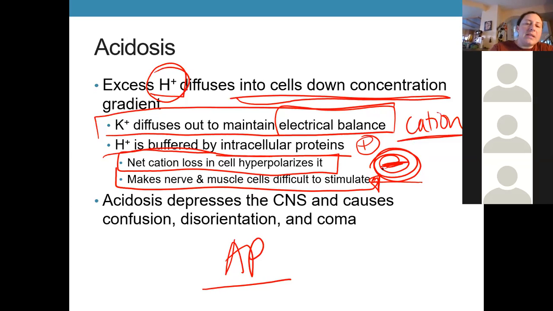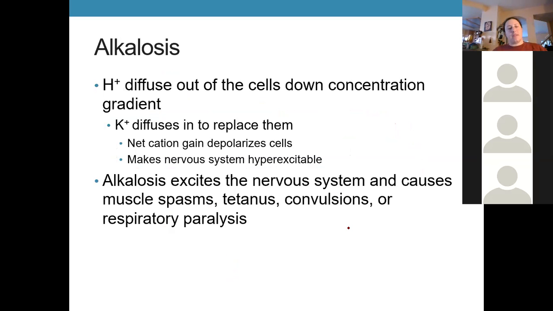What we see is that neurons and muscle cells are harder to stimulate. We see depression in the central nervous system, which manifests as confusion, disorientation, and it can potentially lead to coma and death if it's bad enough. I know this is such a bummer to end it on, but that's what happens.